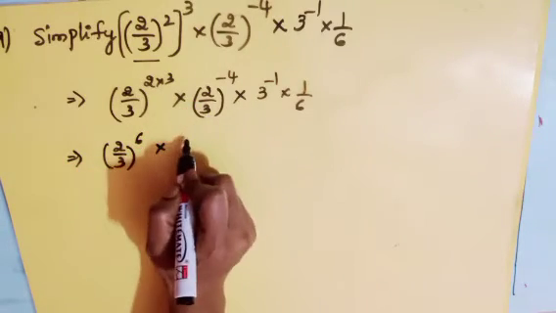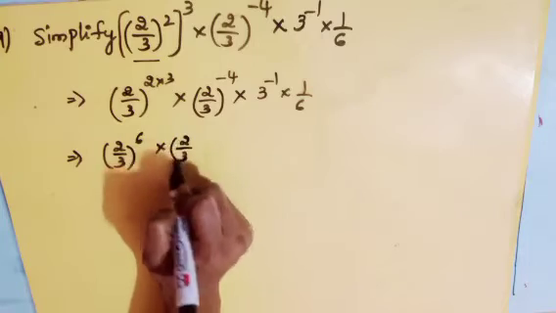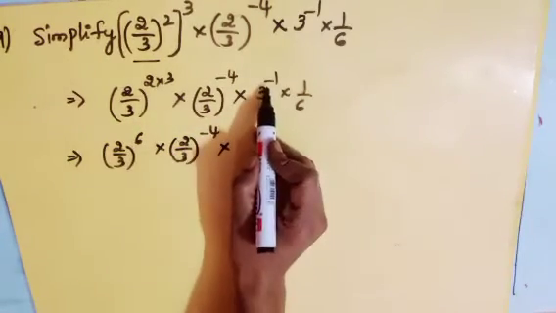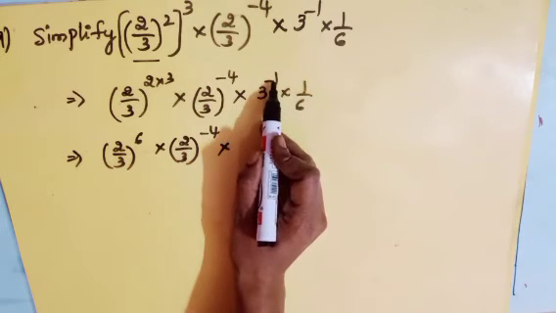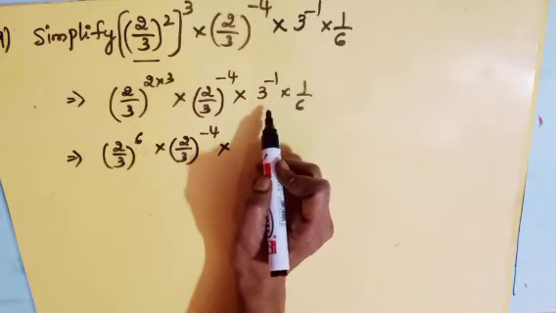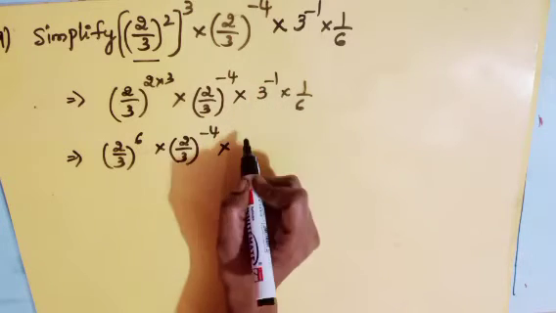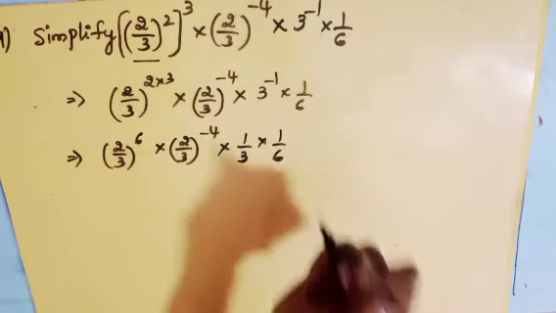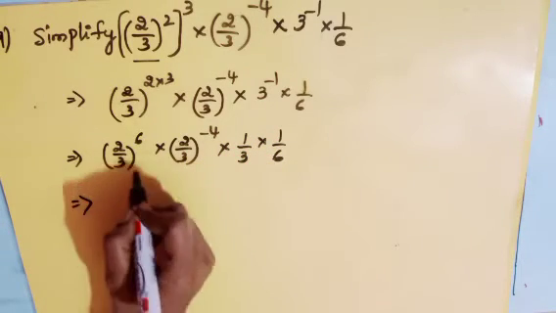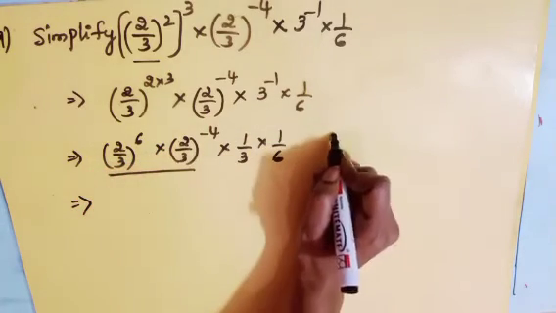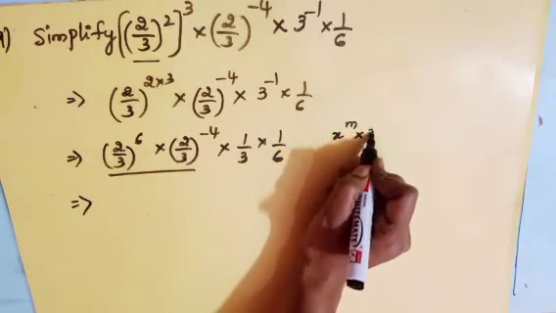Here 3 to the power of minus 1 is in the form x to the power of minus 1, and x to the power of minus 1 can be written as 1 over x. So 3^-1 can be written as 1/3 times 1/6. Now it is in the form x^m times x^n.